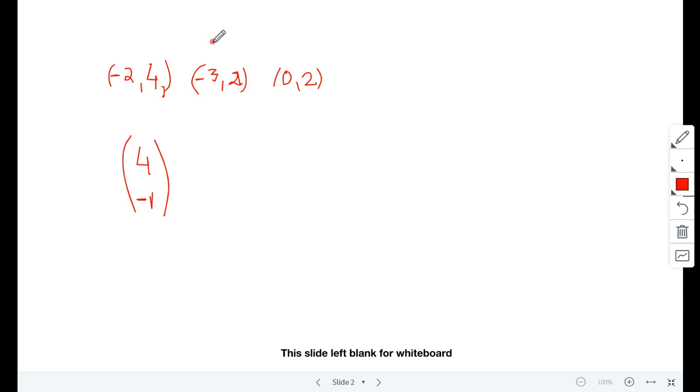Just name this: this is A, this is B, and this is C. Tell me the new coordinates. These are the three endpoints of a triangle.